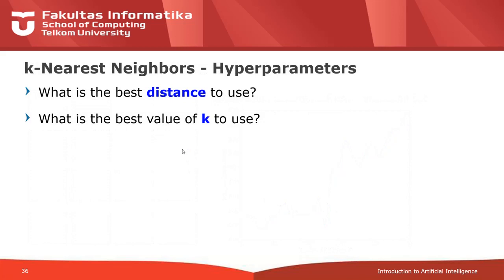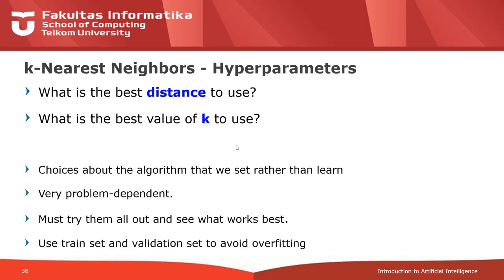And how about the best distance to use, and how about the best k to use? These are the hyperparameters that you can use for the k nearest neighbor algorithm. And these hyperparameters you can experiment with and plot using the previous technique.